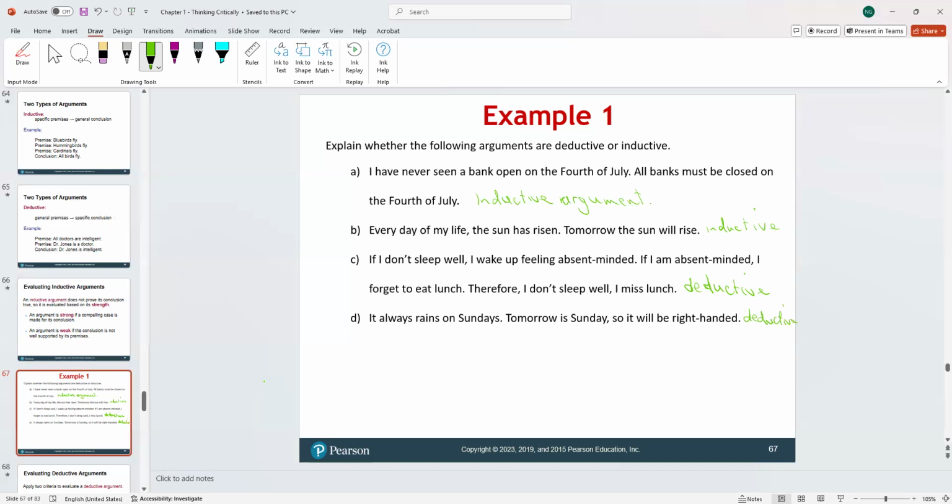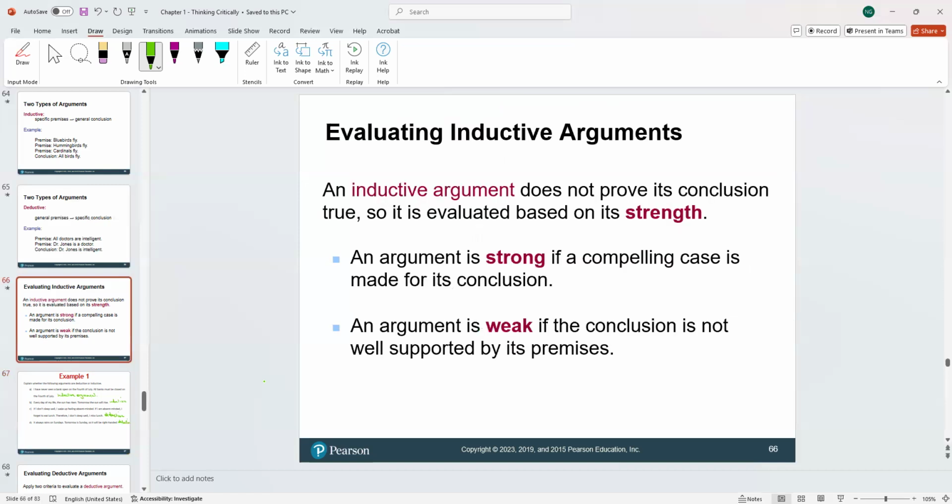I know I cut off evaluating inductive arguments from this tool, because I forgot we were supposed to review some of these arguments to identify whether they are inductive or deductive. Before we do some evaluation: an inductive argument does not prove its conclusion true, so it's evaluated based on its strength, whether it's strong or weak.